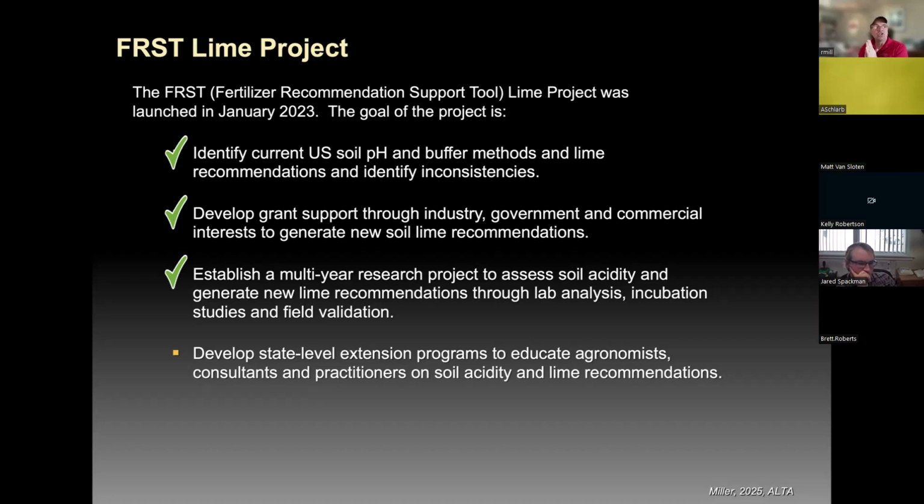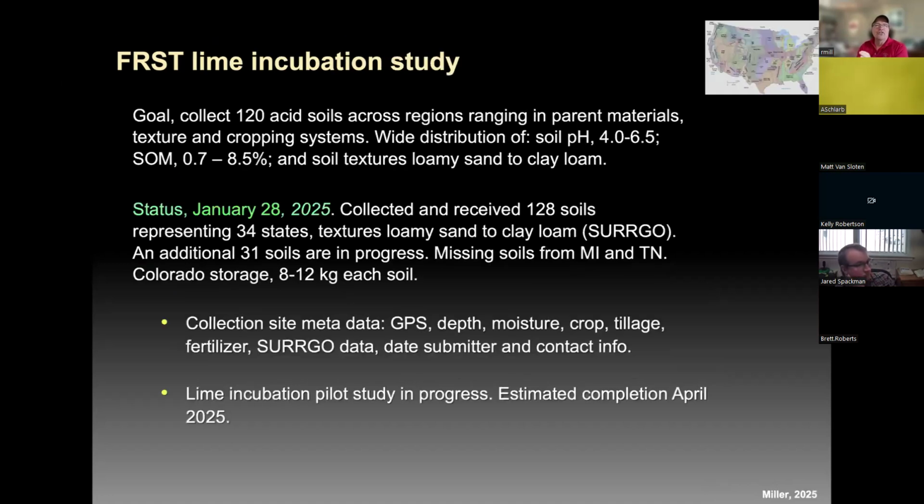And really focus on doing a good incubation study. And then the last one, which is off in the distance, down the road, is develop new education programs. So the first lime incubation study. Well, first of all, we had to get representative soil samples from across the United States.